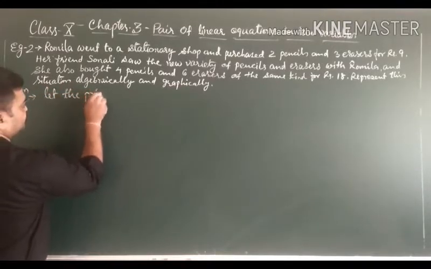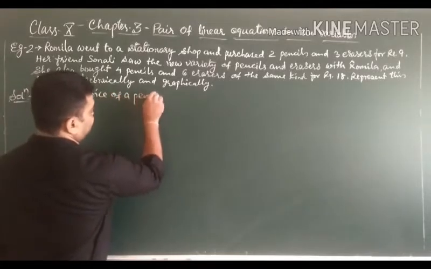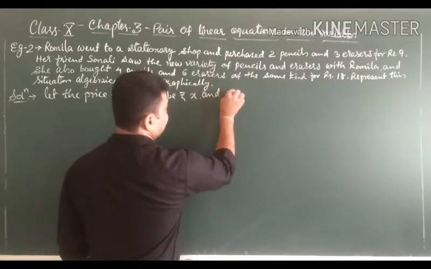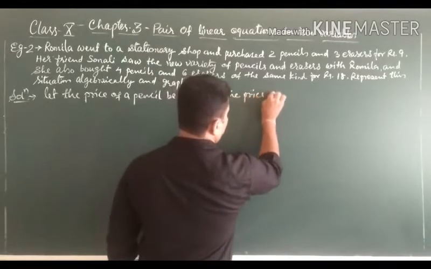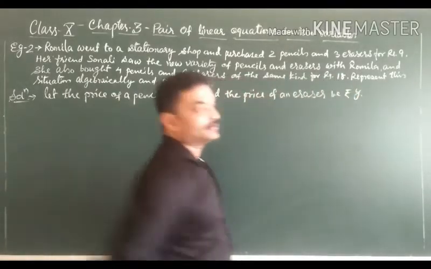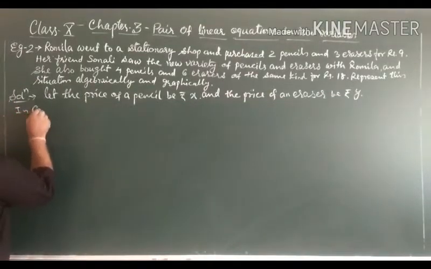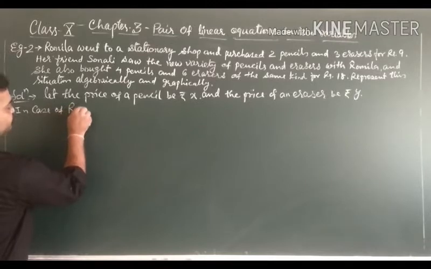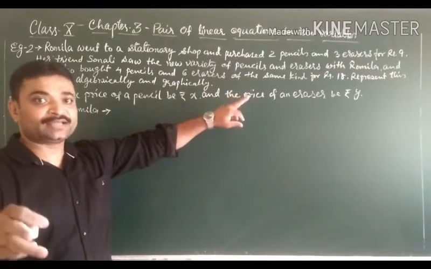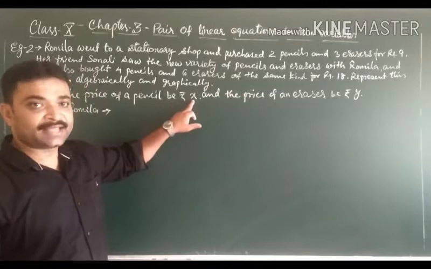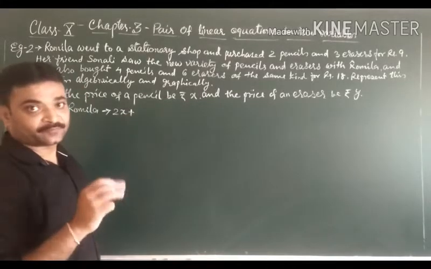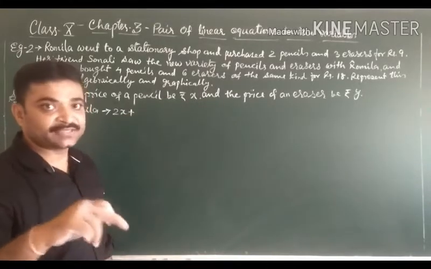Let the price of a pencil be rupees X and the price of an eraser be rupees Y. So in case of Romila, what will happen? 2 pencils, that is 2 into X. 1 pencil costs rupees X, so 2 pencils, 2X. 2X plus 3 erasers. 1 eraser costs rupees Y, so 3 erasers means 3Y.